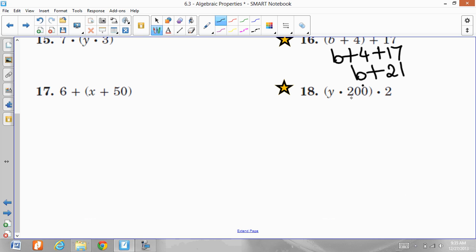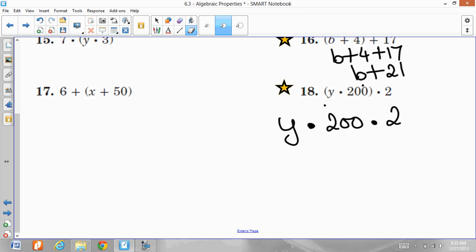Let's focus on 18. Remove the parentheses. So this is going to be y times 200 times 2. The dot implies multiplication. So y times 200 times 2, you can multiply the numbers. 200 times 2 is going to give you 400.